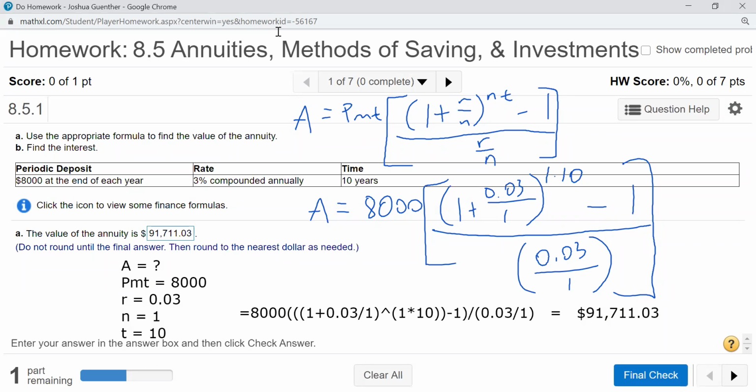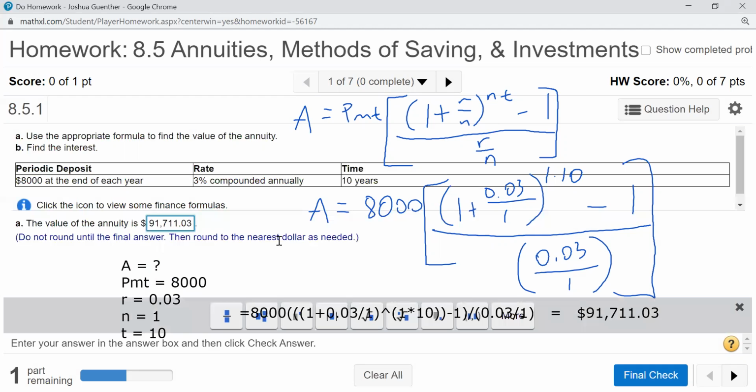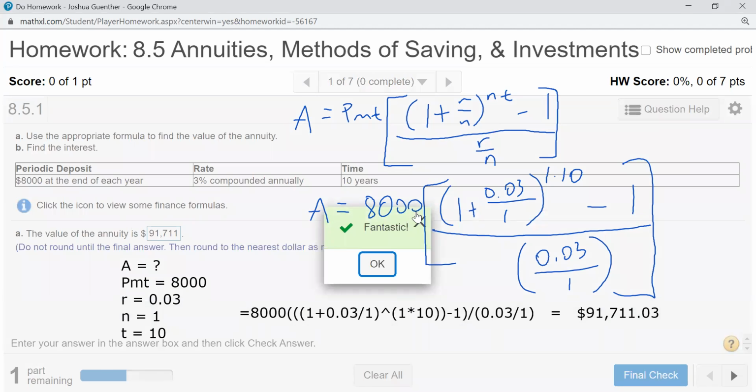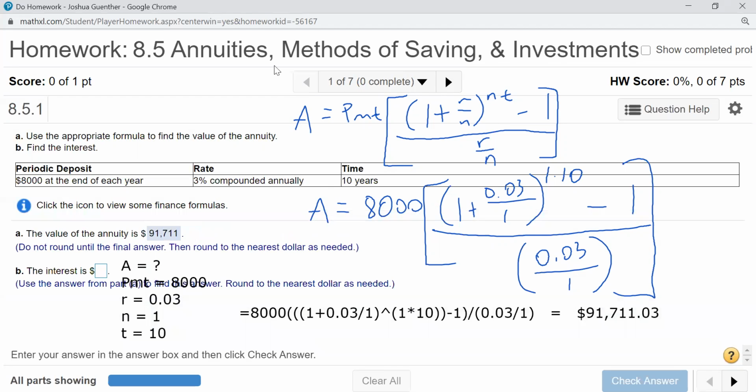I did not make a mistake. Well, I did. Round to the nearest dollar. It got me, guys. I rounded to the nearest cent. So we did literally everything right except at the very end. So round it to the nearest dollar for whatever reason on this problem.